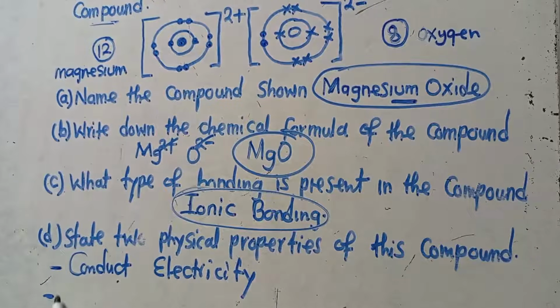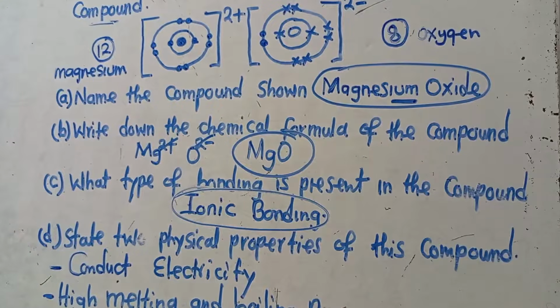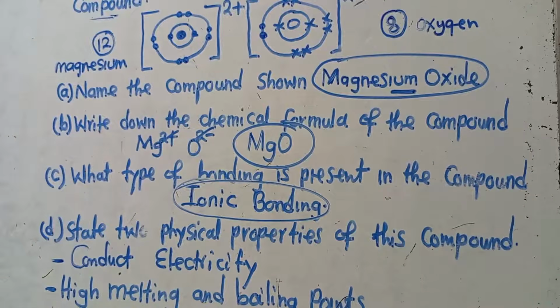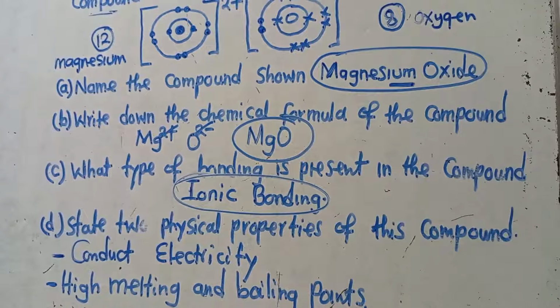Two is that they have high melting and boiling points. This is what you need to understand. So these two are enough on this one. This is how you need to answer this particular question.